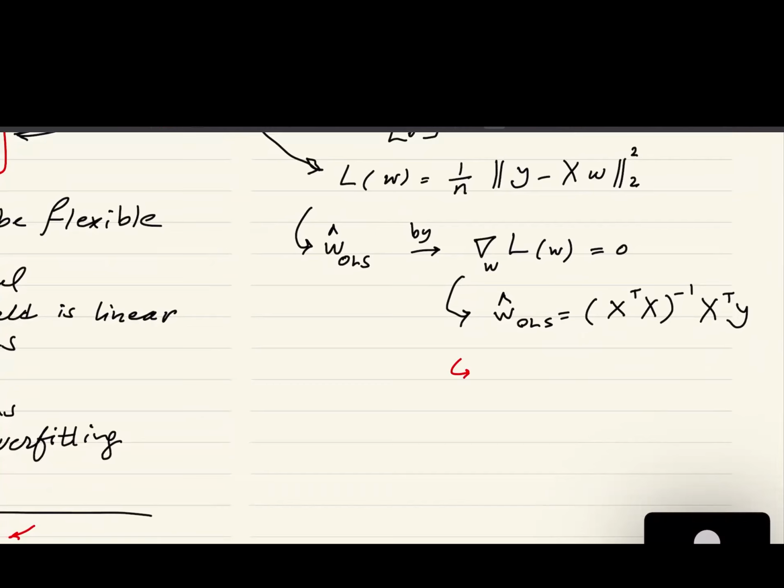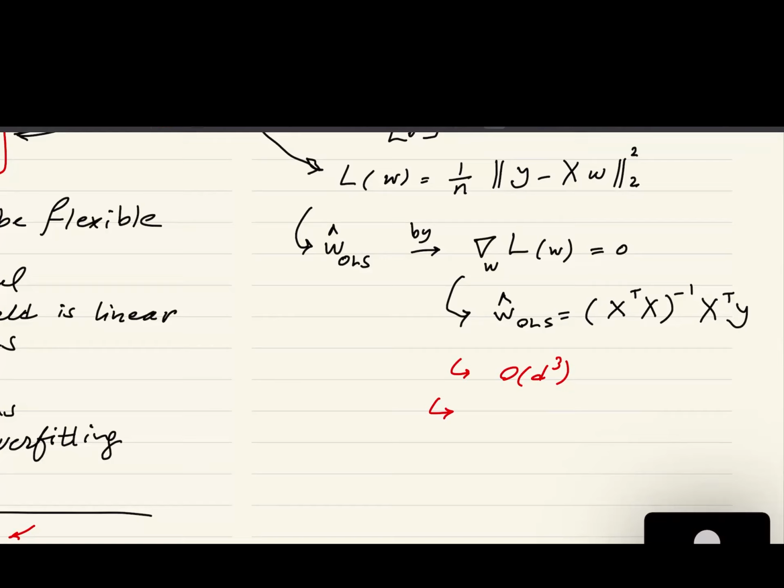The complexity of this solution is in D cubed, and that means that for very high dimensional data, this will be very expensive. On the other hand, if we have a complex model, we cannot do this. This is only doable when linearity is satisfied. So for what we want during this course, this is not reachable.